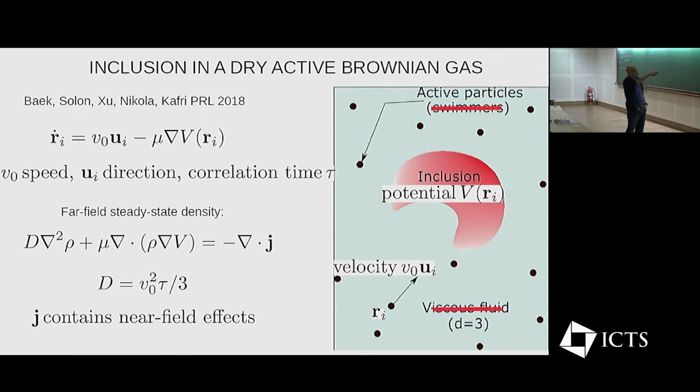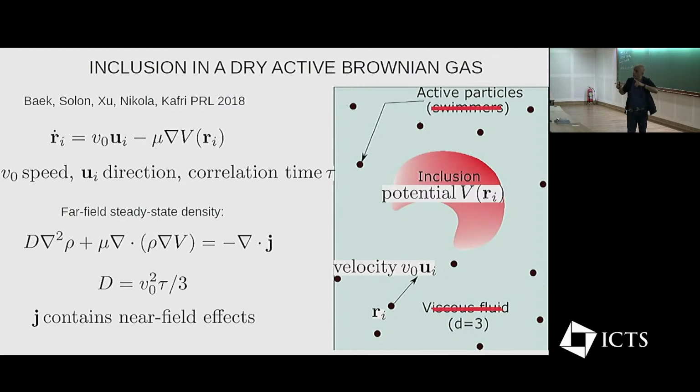The direction of each particle in this very simple model simply does rotational Brownian motion, and so it has a correlation time tau. You can take this problem and build the equation of motion for the number density field of these particles, and what you will get, there are 2 things to note.